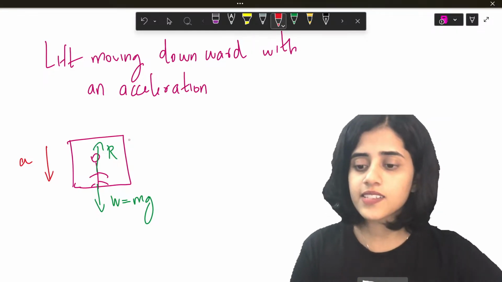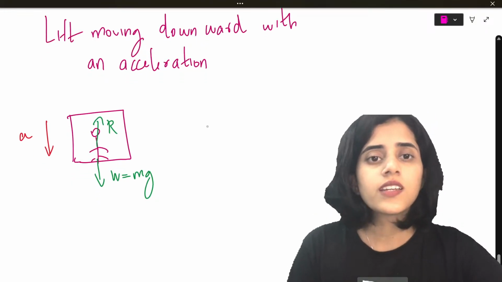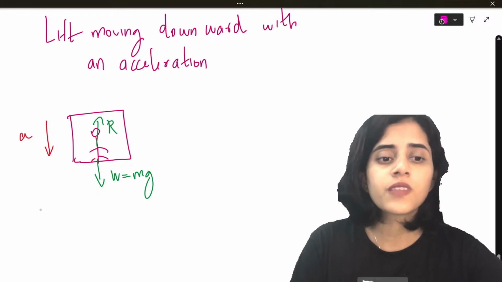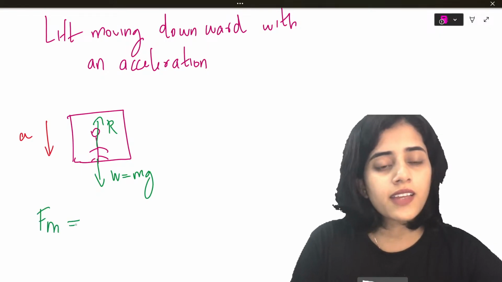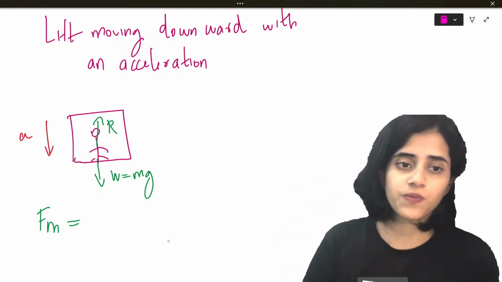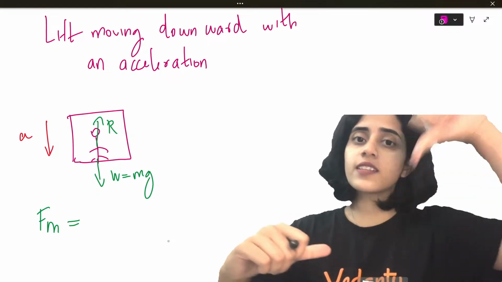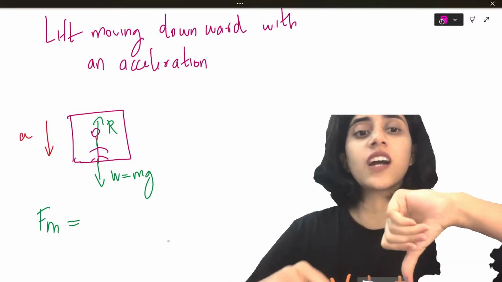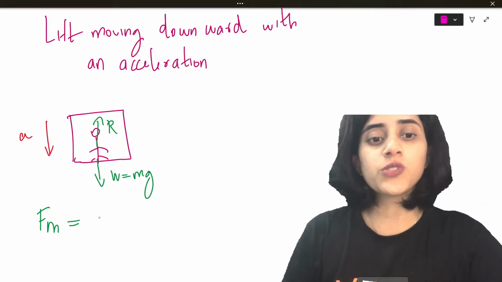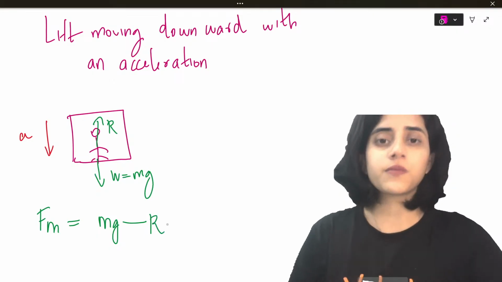Now, the only difference when you do the derivation is, when you're writing the net force, which value will you subtract first? The value in the direction of acceleration. What is in the direction of acceleration? Acceleration is downwards, weight is also downwards. So you should put mg first: mg minus R.